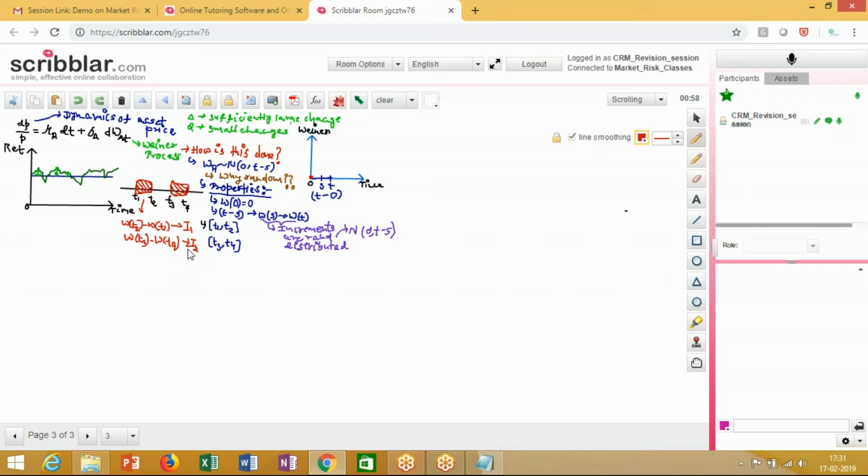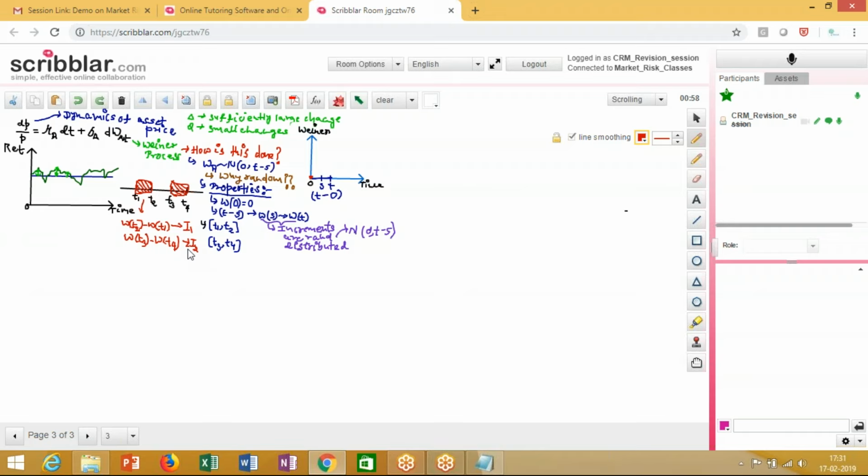So if these two intervals are taken together, then how is this happening over here, right? So in this case, what we can say is that yes, even then these two increments, increment I1 and I2, are independent of each other, right?